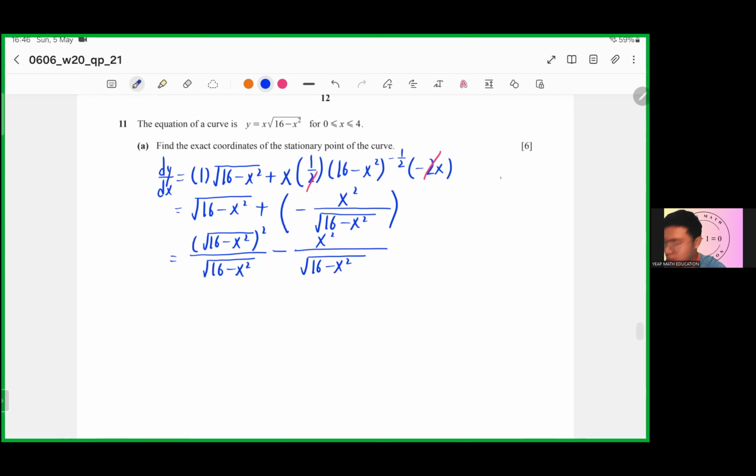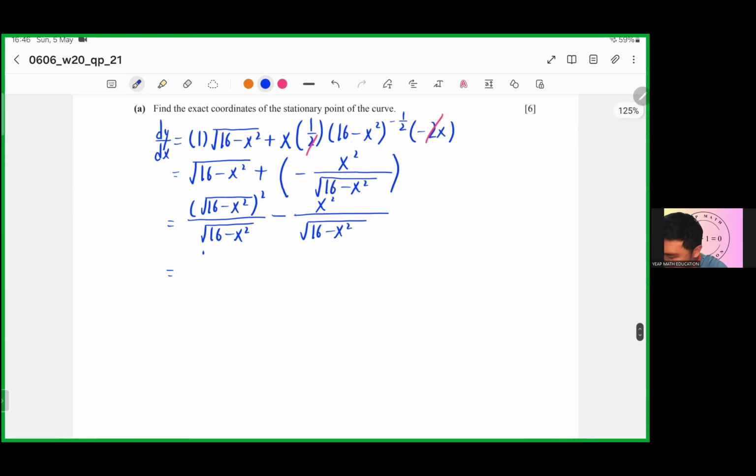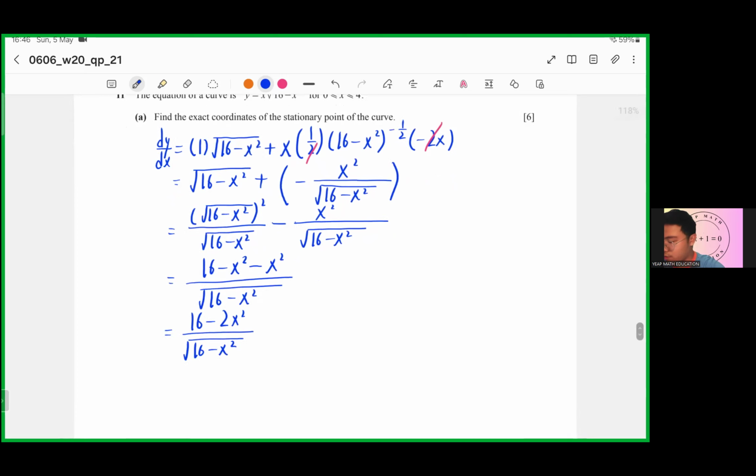So we can write 16 minus x squared minus x squared over square root of 16 minus x squared. So lastly we get 16 minus 2x squared over square root of 16 minus x squared. Okay, we already finished this part.